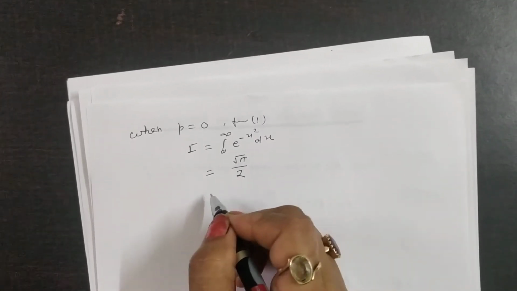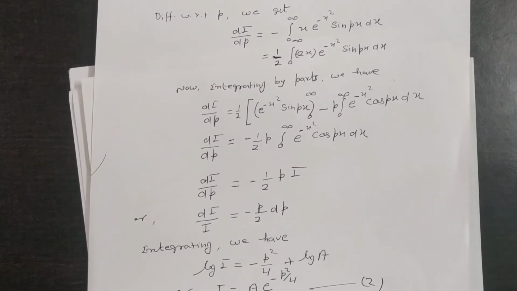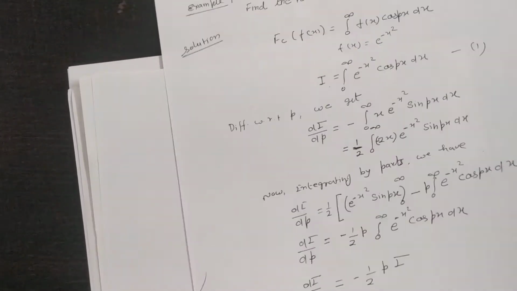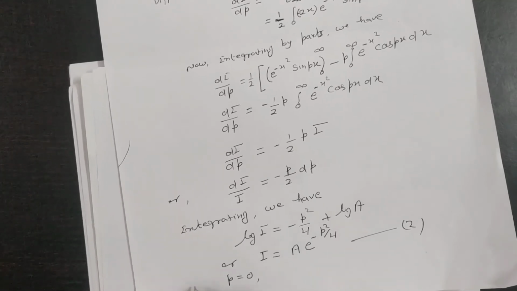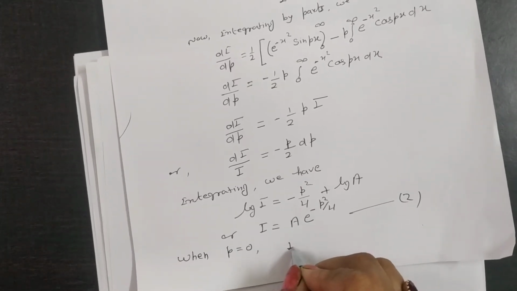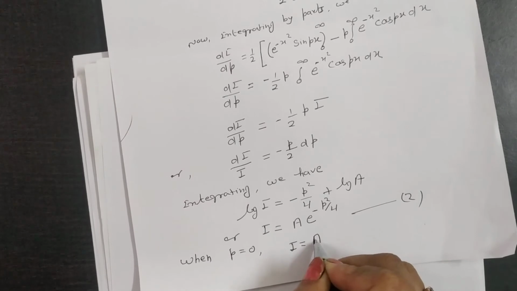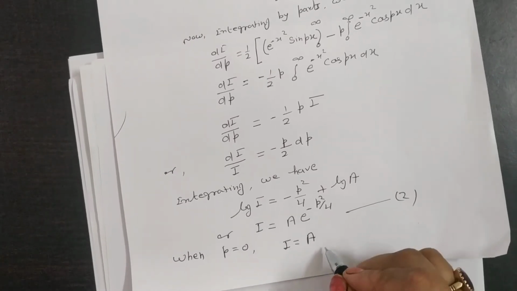Also from equation 2, when p is equal to 0, I is equal to a.